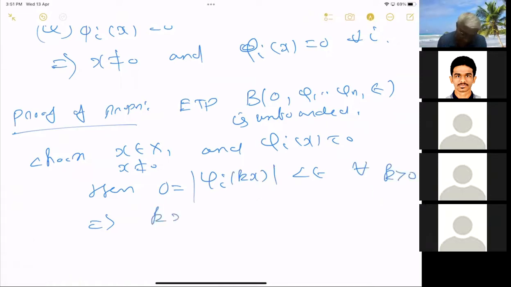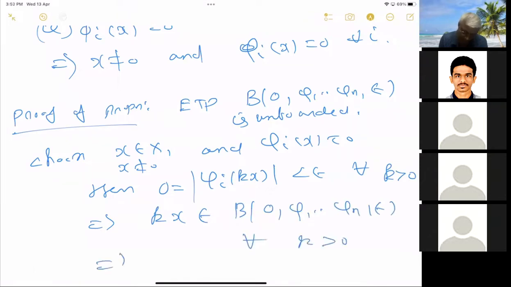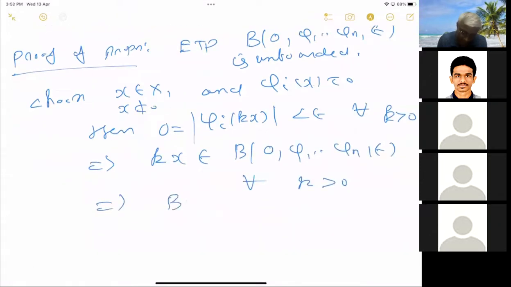This implies kx is in that neighborhood for all k positive. So this implies that it is unbounded.